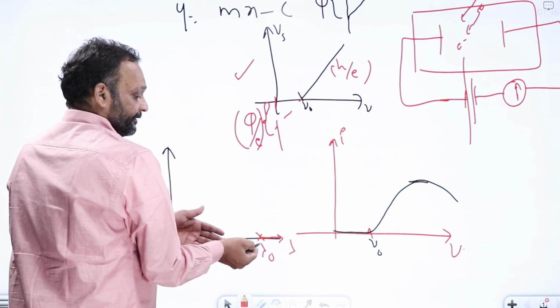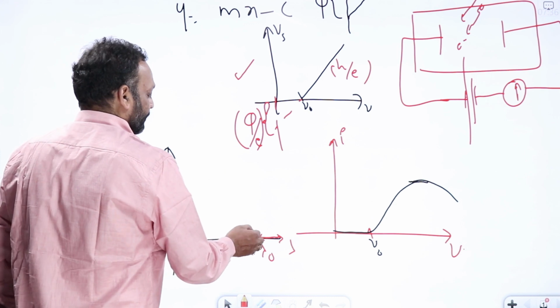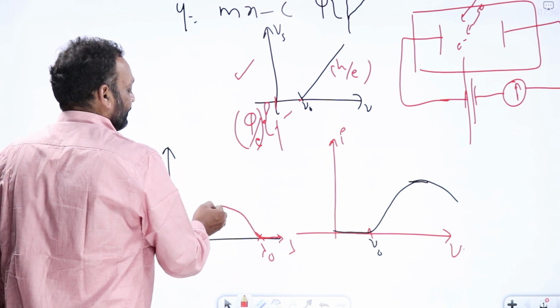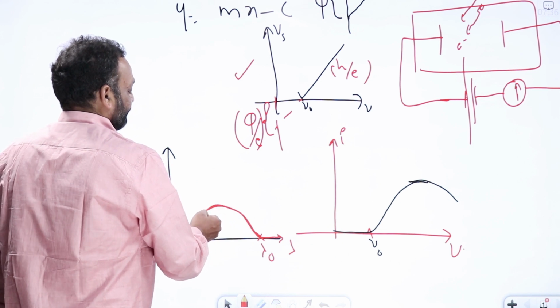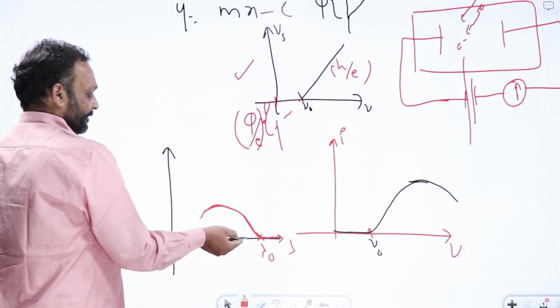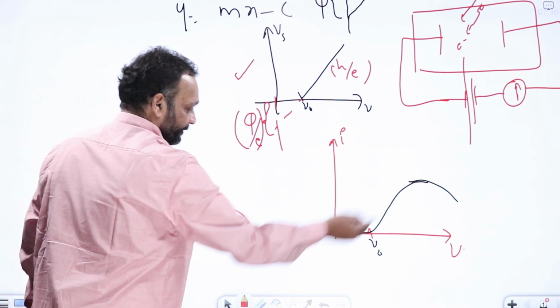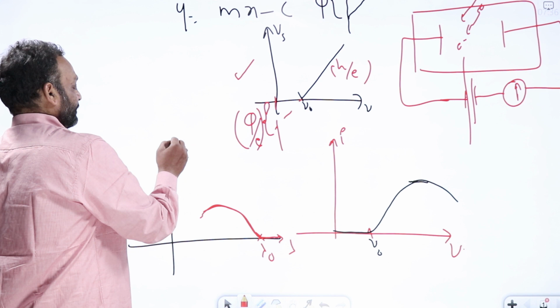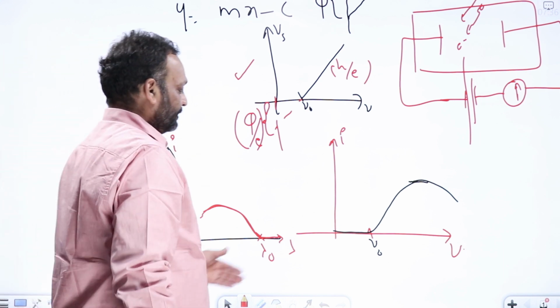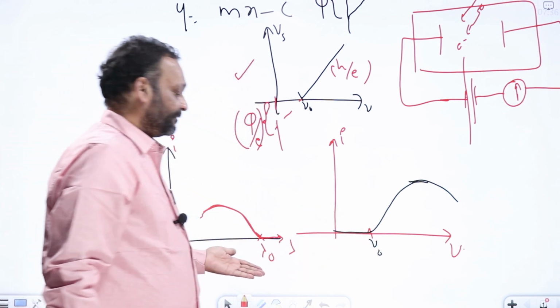The photoelectric effect starts from lambda less than lambda naught only. As you decrease lambda, the frequency keeps on increasing, and the graph will be like this. When you decrease lambda, meaning you increase the frequency, the photoelectric current increases to some extent and then decreases further. This is in terms of frequency, this is in terms of wavelength.